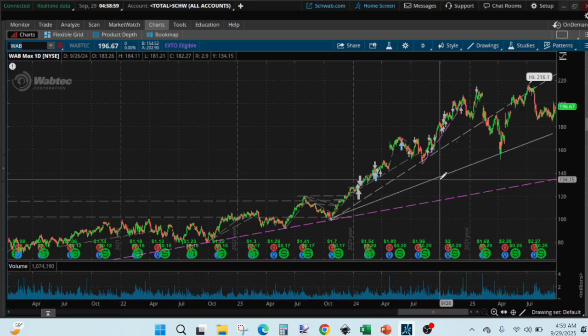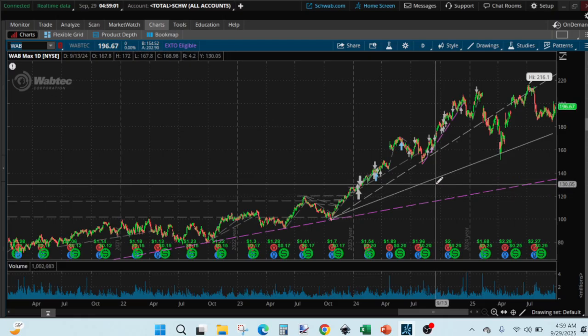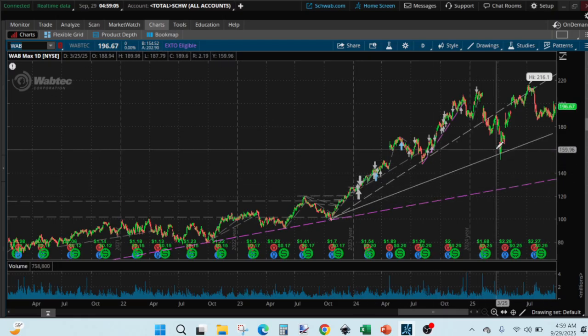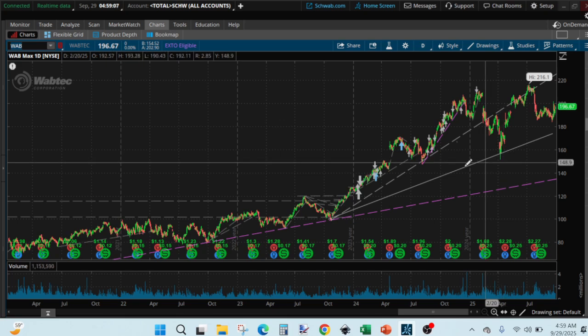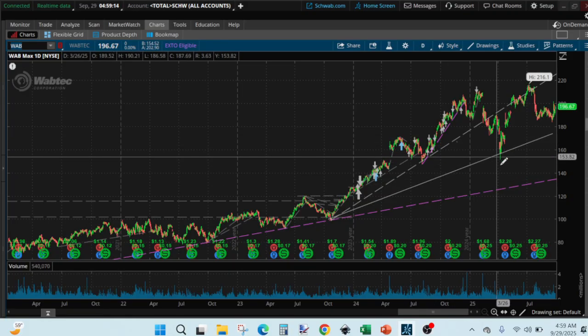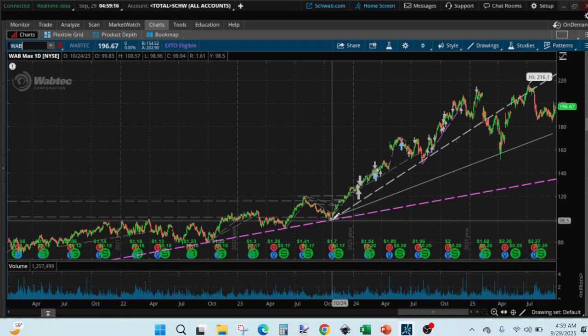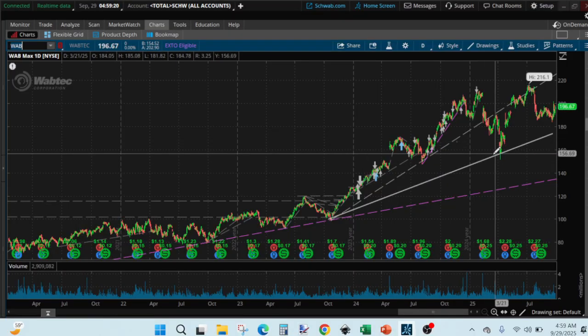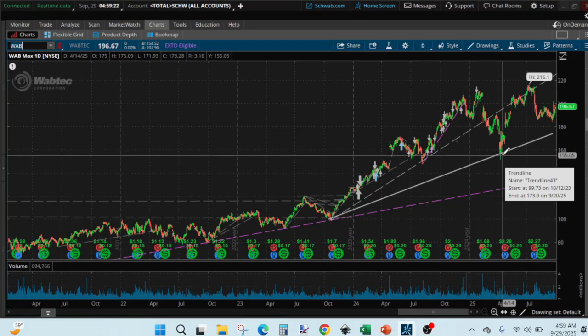So it didn't touch base with either in 2024 and 2025. It touched base with this one. I don't really trust this line in the sense that there is not much support to it. This is one after 2023, so it's just not a strong support for me to say that that's the valley of the mountain.